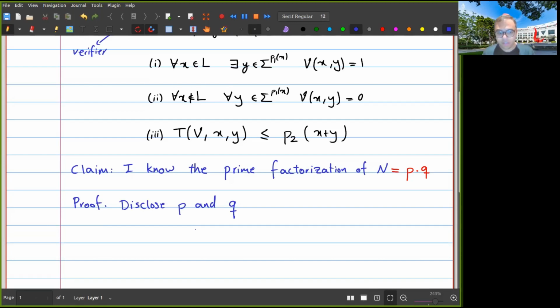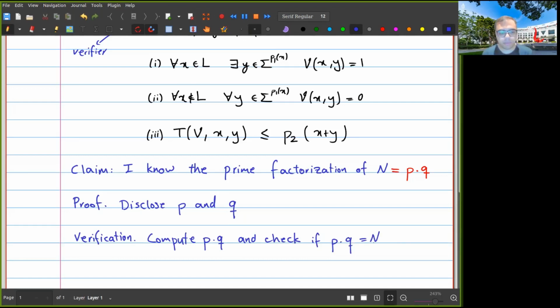You want to verify that this actually works, and the way you verify this, so verification, is that you just compute p times q and check if it's n.